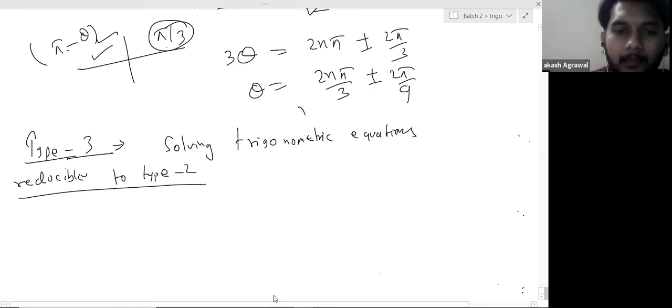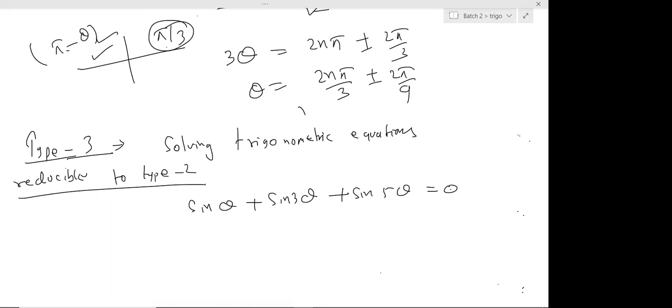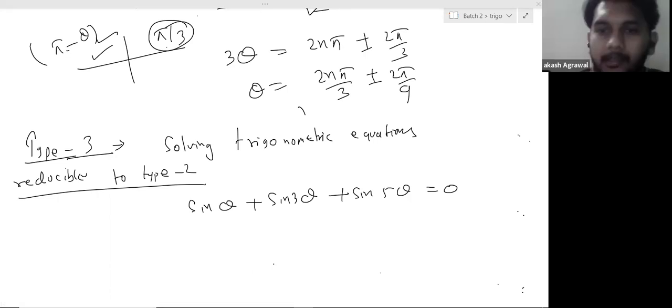So if they give you the question sine theta plus sine 3 theta plus sine 5 theta equals 0, this is not type 2 or type 1, right?